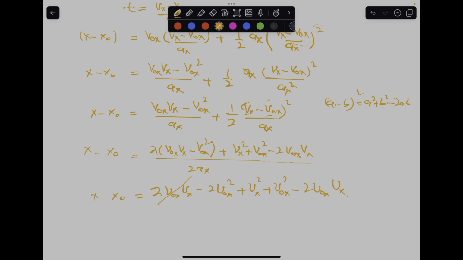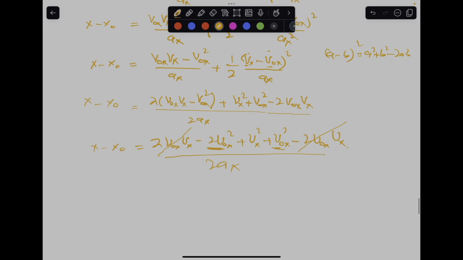This 2 V naught of x Vx will be cancelled out, and we have minus 2 V naught of x squared and plus V naught of x squared. So we are left with Vx squared minus V naught of x squared over 2ax.